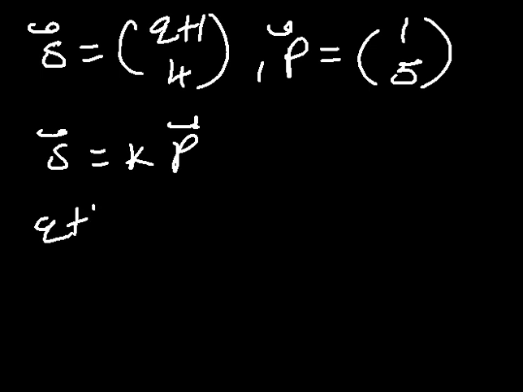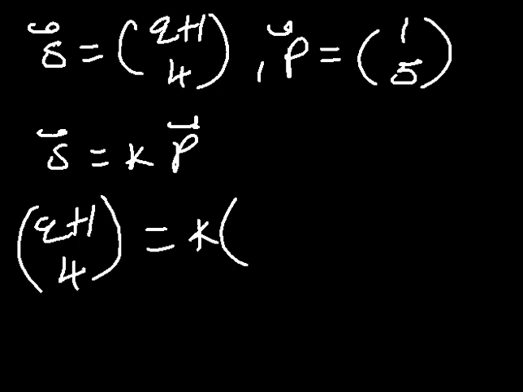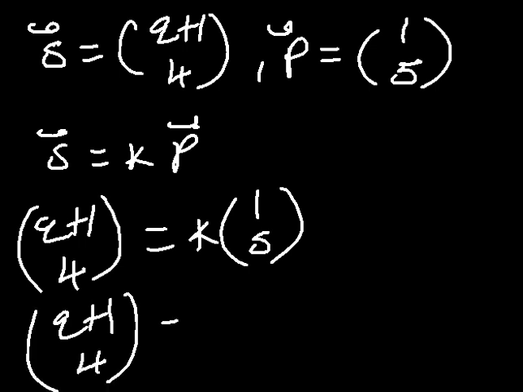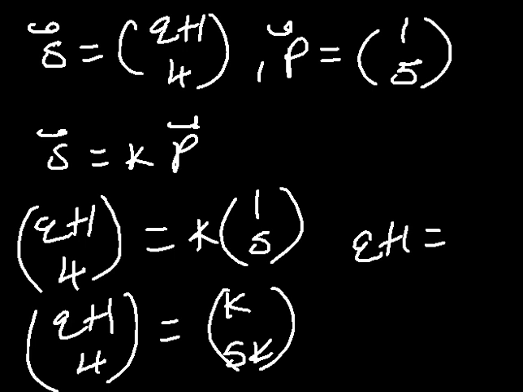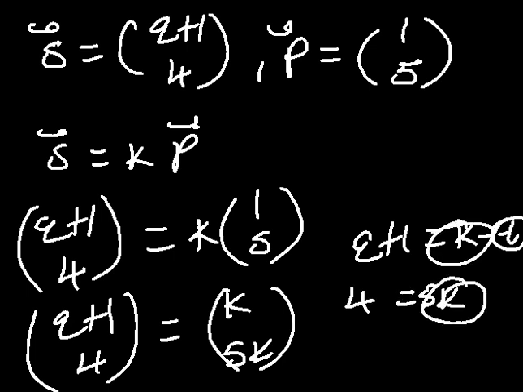So (q + 1, 4) equal to k times (1, 5), which is (k, 5k). Then we have q + 1 equal to k, and we'll have this as equation 1 because we have two unknown values. Then we have 4 equal to 5k. Now solve for k, substitute here, and solve for q. So keep that in mind.